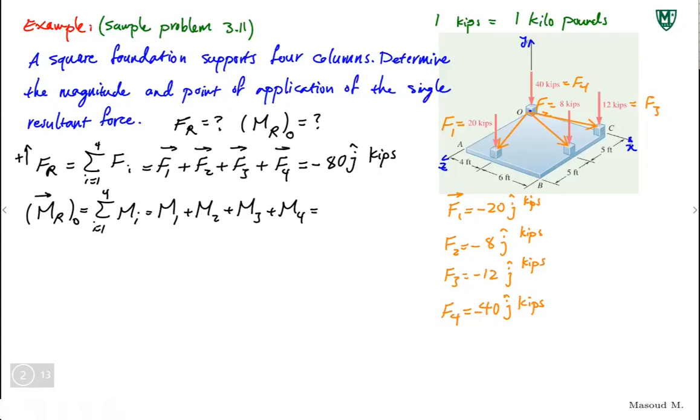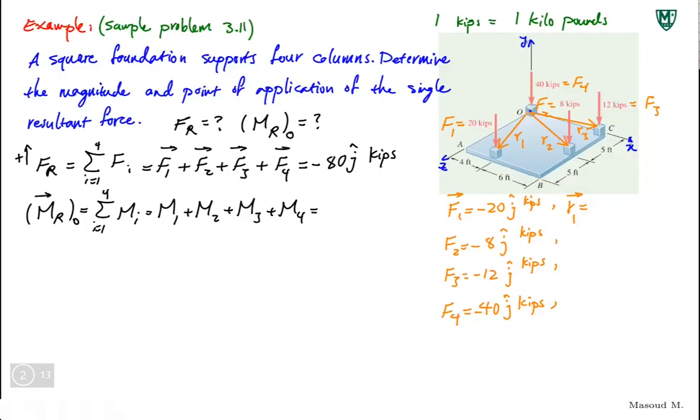Let me write it. This would be R1. I call this force 2, so R2. I call this force 3, so this would be R3. So I'm going to add R vectors here. R is the distance between where force F1 is and the origin that I'm going to move the force to.